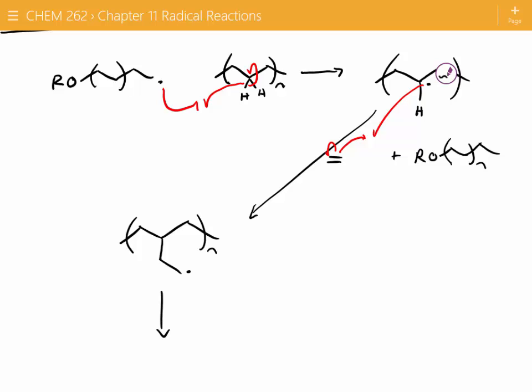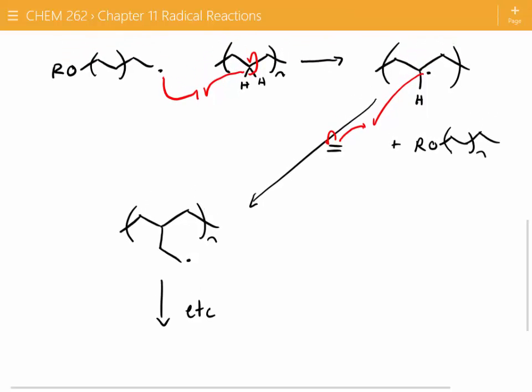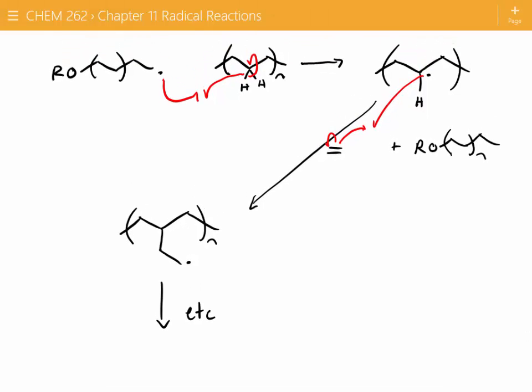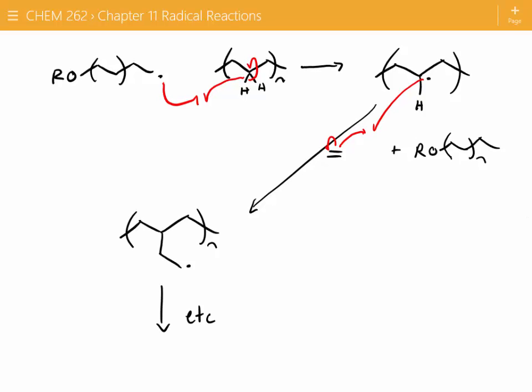And this can keep on going. All right, so we've taken a straight chain polymer and we've started branching it because in this case, in the top right-hand corner, we're forming a secondary radical that is much more stable than a primary radical. So this is a very significant side reaction for these polymerizations.